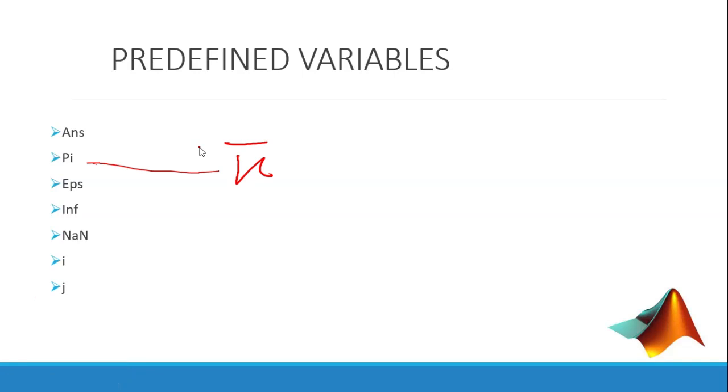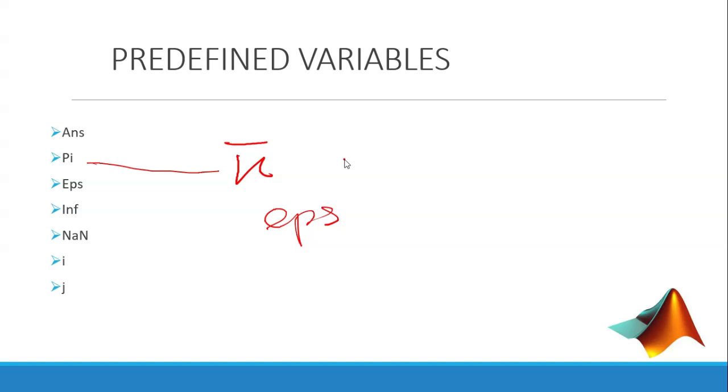Another one is eps, in small letters. eps is the smallest number such that when you add it to 1, it creates a floating point number greater than 1 on the computer. So it is going to return the smallest number.